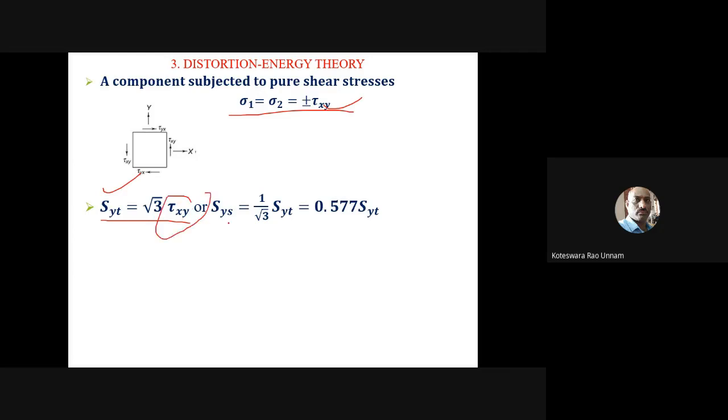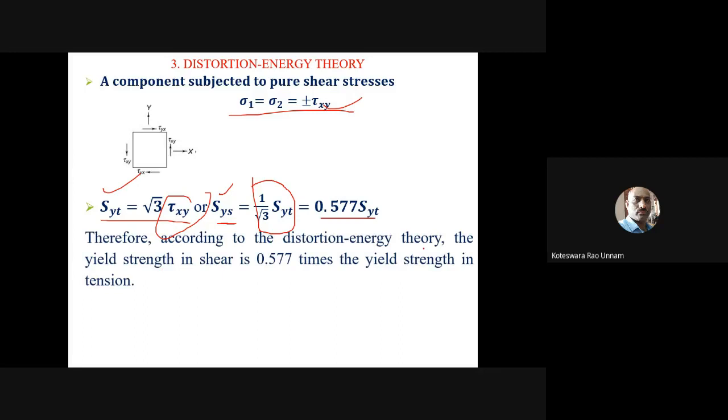This tau xy is the shear strength at yield, which is 1 by root 3 of SYD, or 0.577 SYD, according to the distortion energy theory. So the yield strength in shear is 0.577 times the yield strength in tension, whereas in the maximum shear stress theory you have only 0.5. So the maximum shear stress theory predicts less strength when compared to the distortion energy theory.